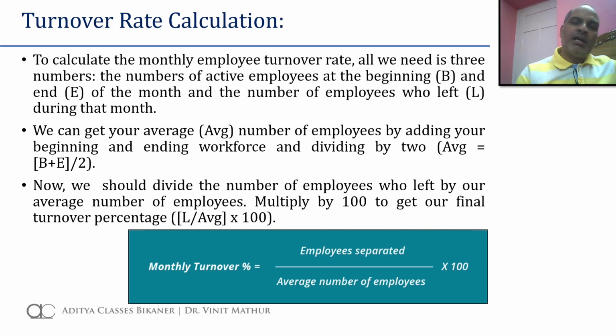That means we are calculating the average number of employees during that particular duration. Now we divide the total separations during this period by the average number of employees and multiply by 100. That will be the employee turnover rate in percentage.